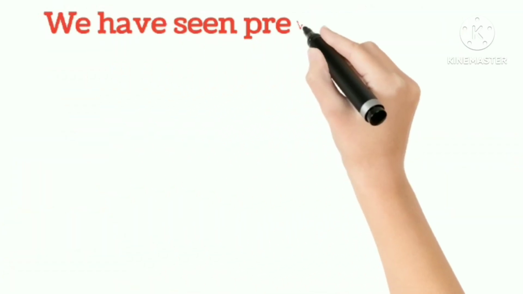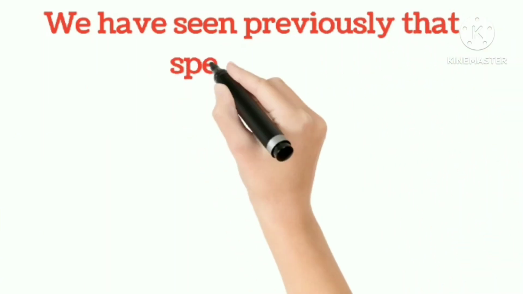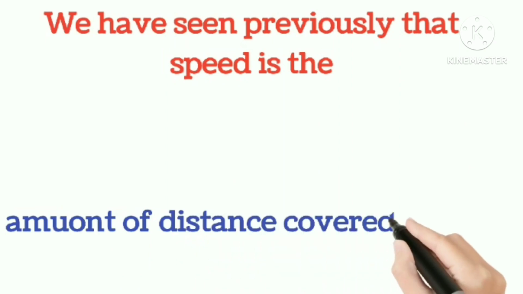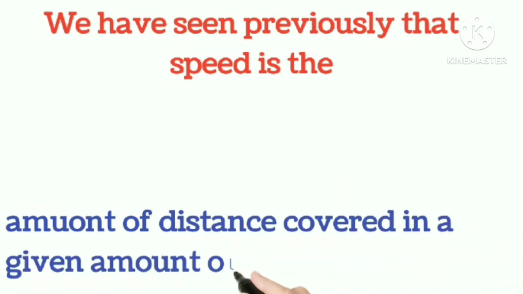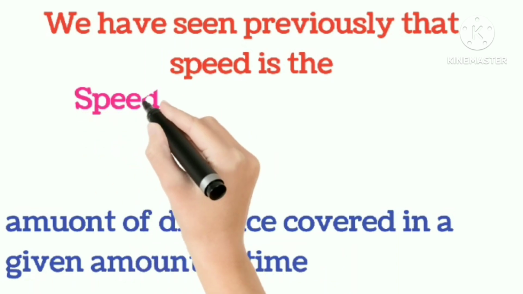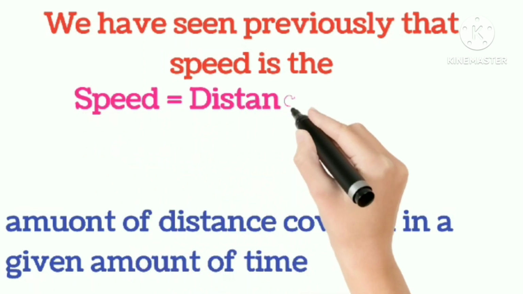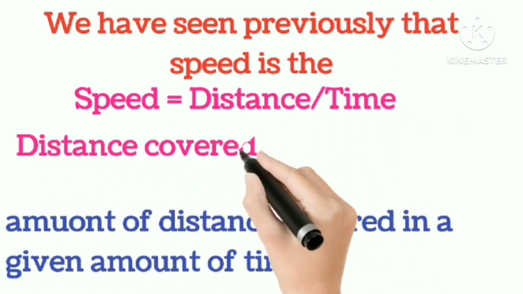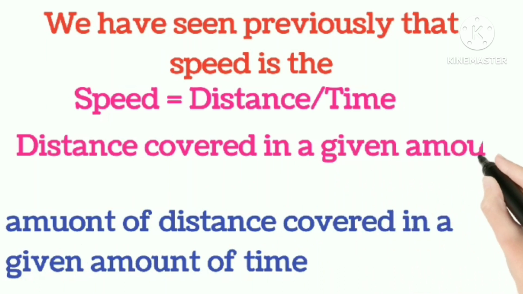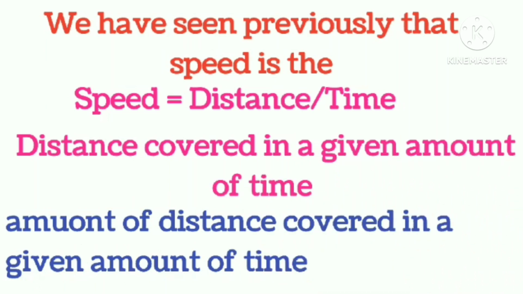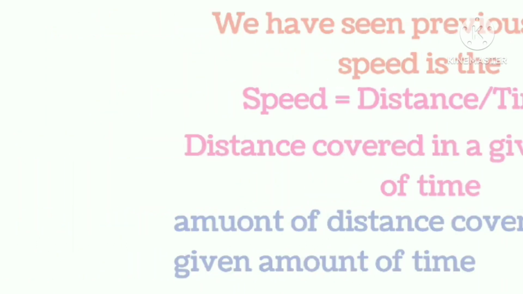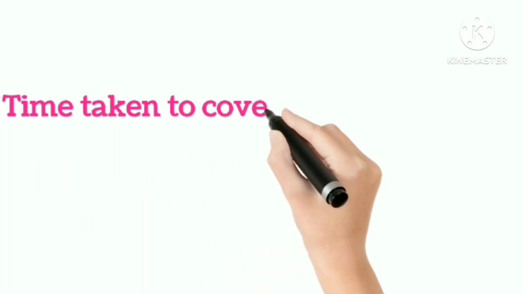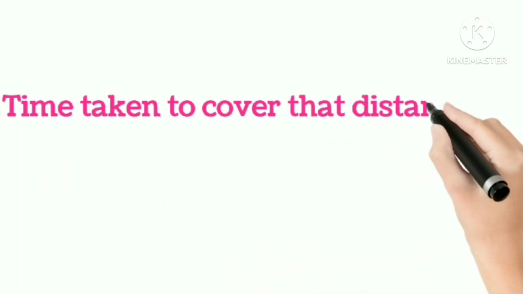We have seen previously that speed is the amount of distance covered in a given amount of time. Speed is equal to distance by time. Distance covered in a given amount of time, time taken to cover that distance.